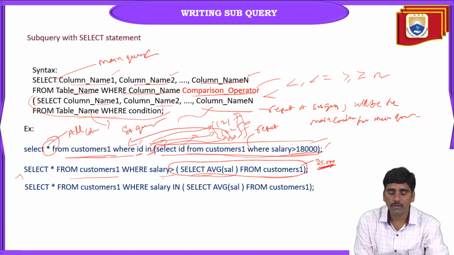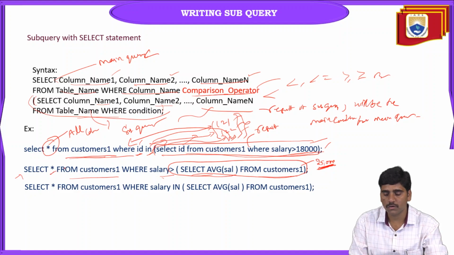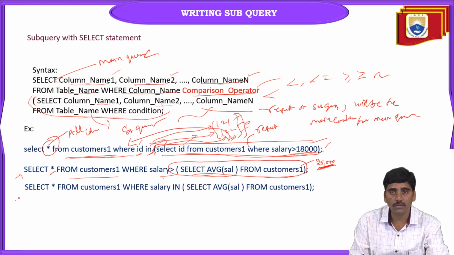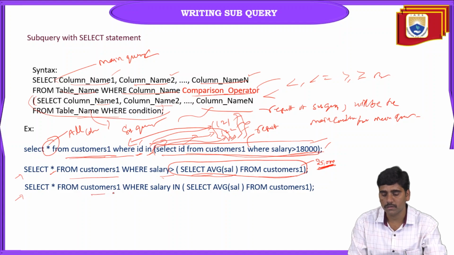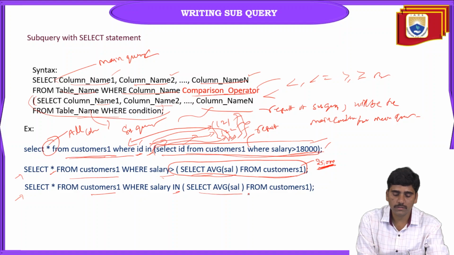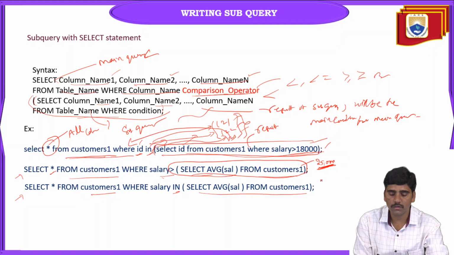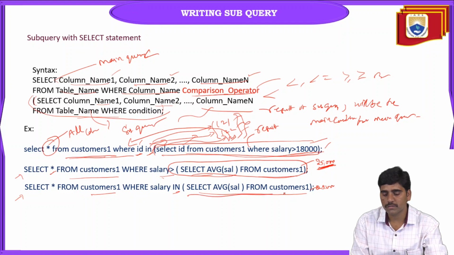Whoever has a salary greater than 25,000, all the column details will be displayed.